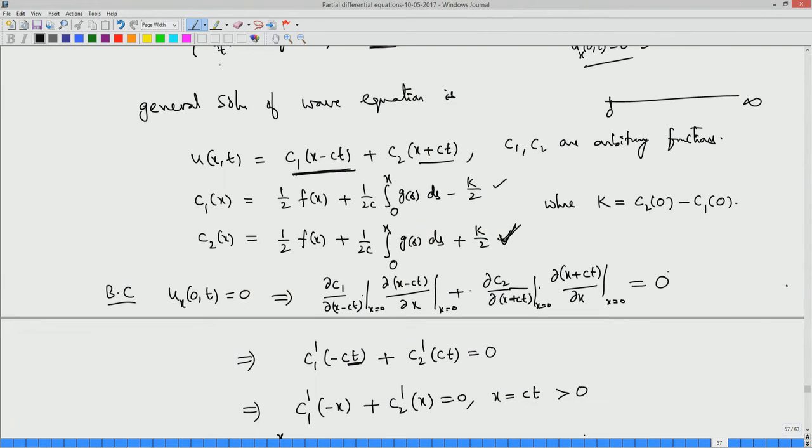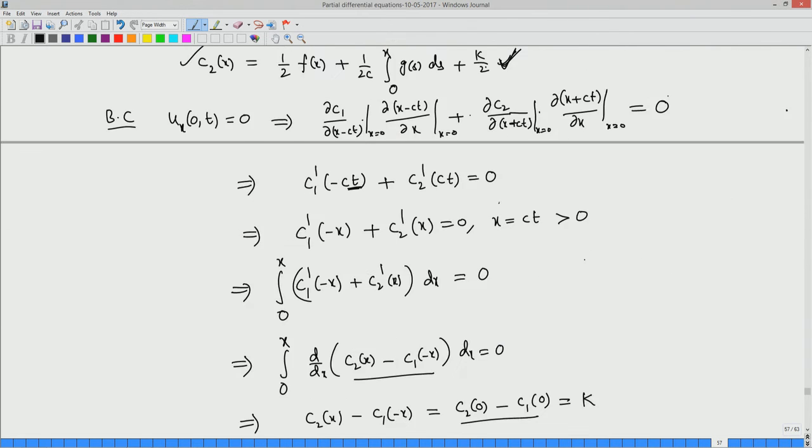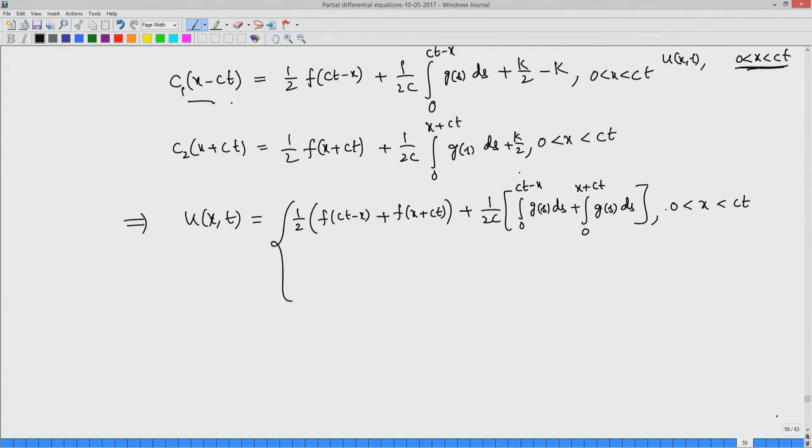You simply take from here their addition. So, this k by 2 goes, we simply have the usual D'Alembert solution. For x greater than Ct, what you have is simply the D'Alembert solution, that is half times f of x minus Ct plus f of x plus Ct plus 1 by 2c integral from x minus Ct to x plus Ct of g(s) ds.